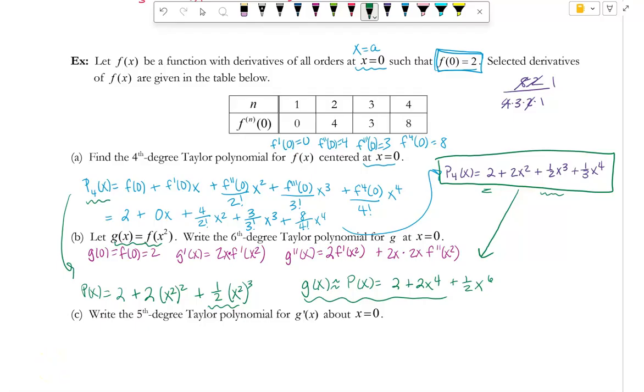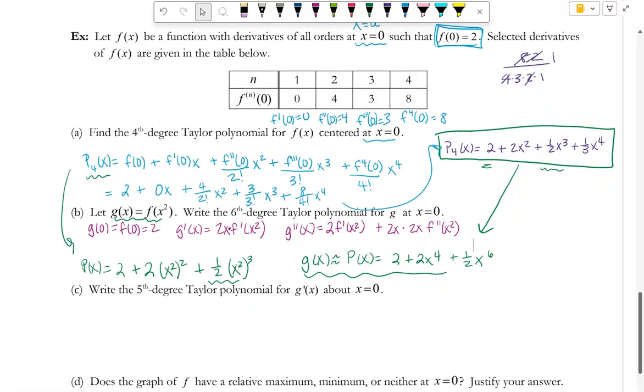In part C, we're asked to find the 5th degree Taylor polynomial for g prime of x about x equals 0. Well, again, notice that in part B, we wrote a 6th degree Taylor polynomial for g.